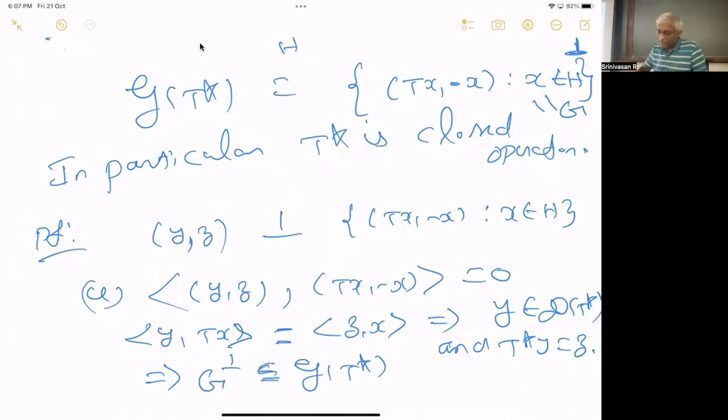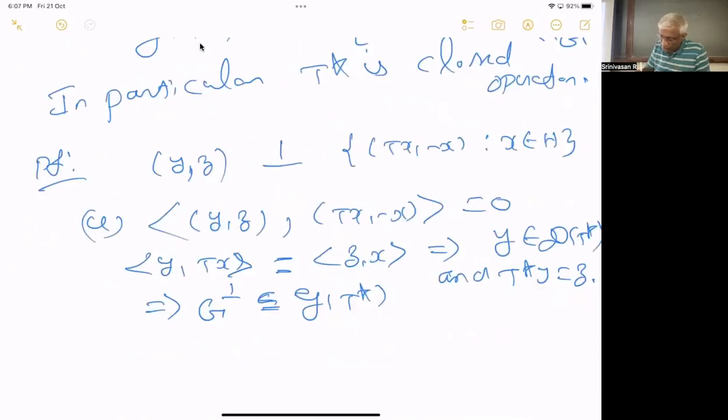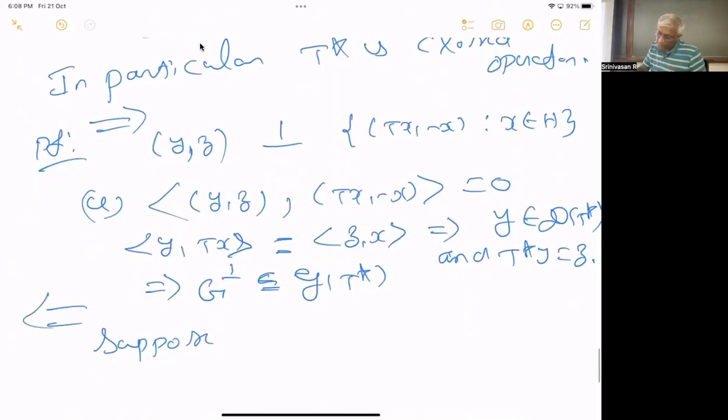The other way is much simpler. To prove the other way, suppose (y, T star y) is in the graph of T star. That is how anything in the graph of T star will look.